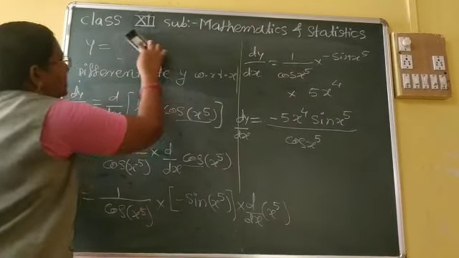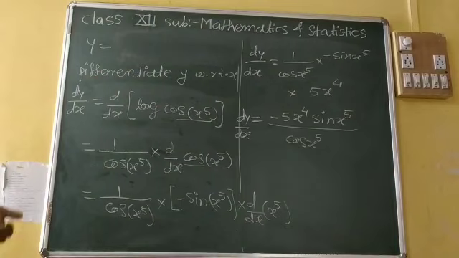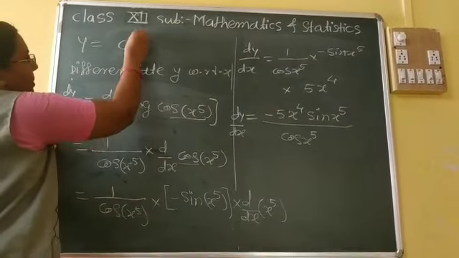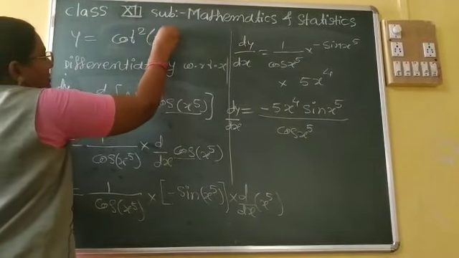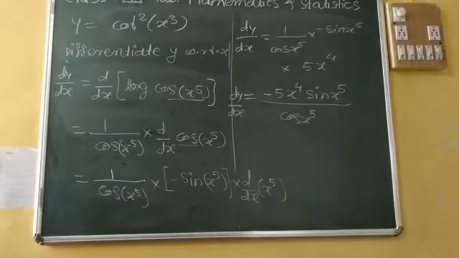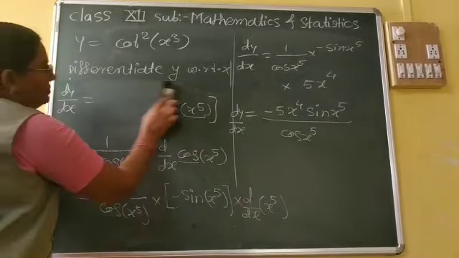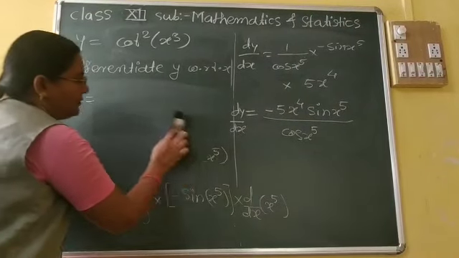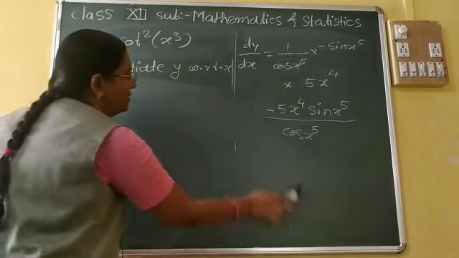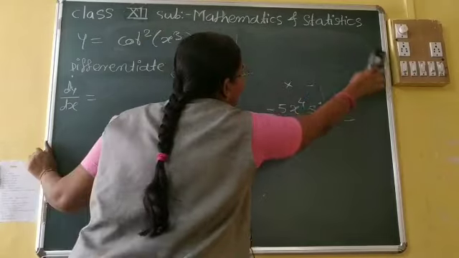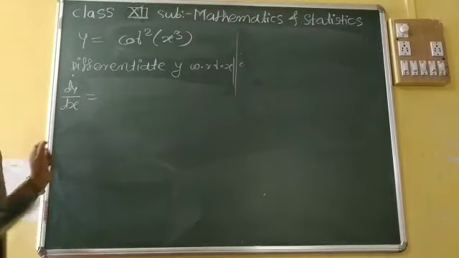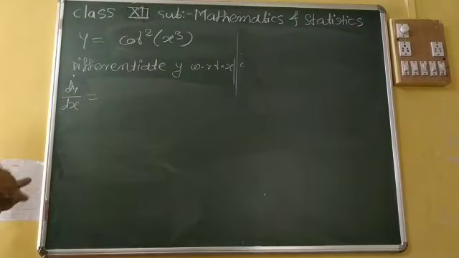y is equal to cot square of x cube. Differentiating this with respect to x, we get dy by dx is equal to d by dx of cot square of x cube.